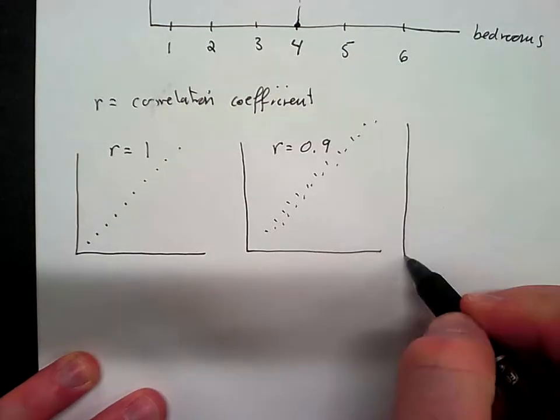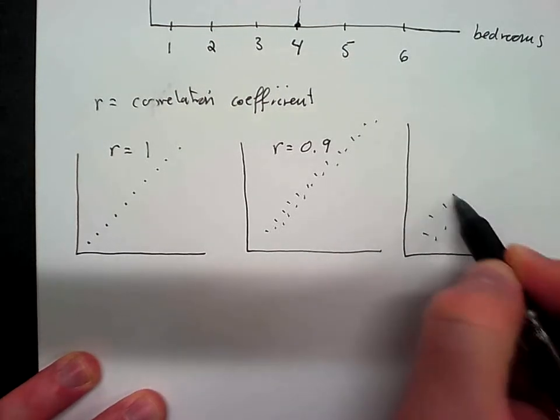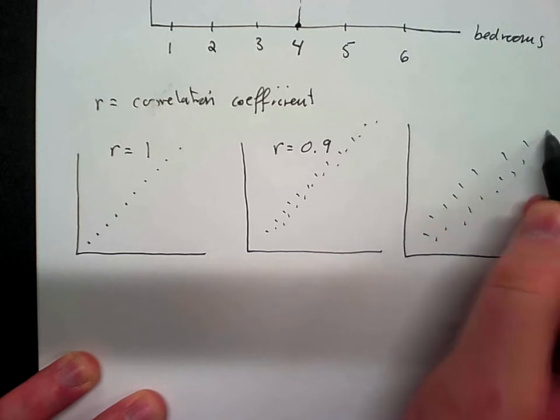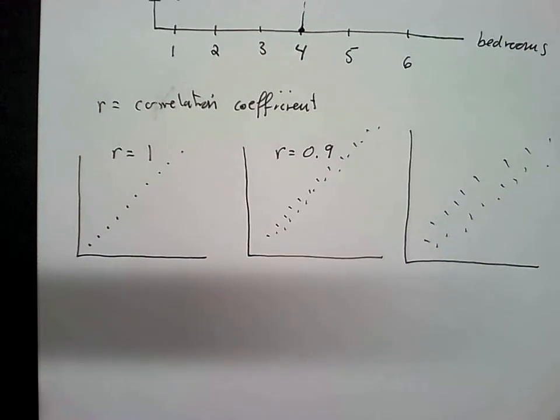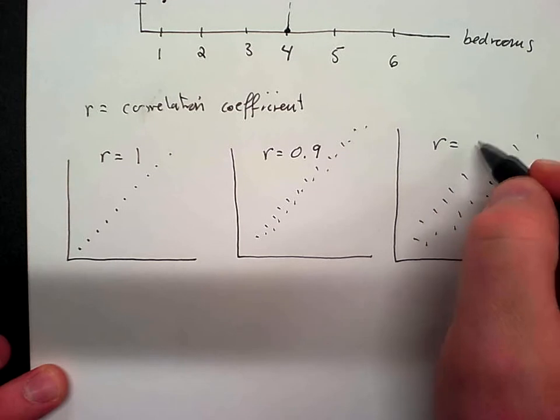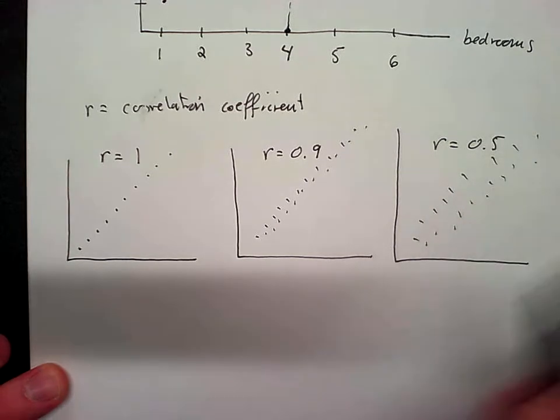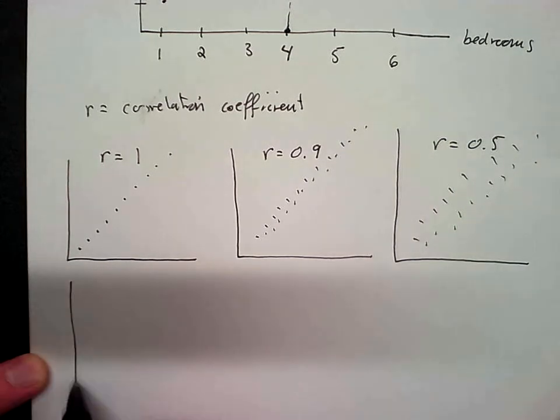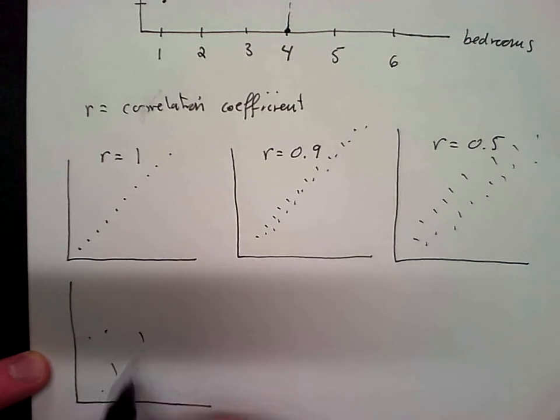But now what happens if it starts to look a little less like a straight line? Maybe it looks something like this, a little more like the data we had up here for our bedroom example. Here we're going to say that maybe this has an r of 0.5. And so on and so forth, all the way to where we get to something like this.